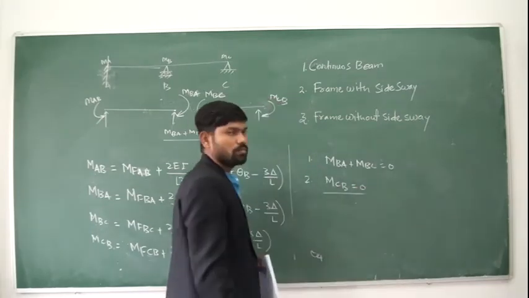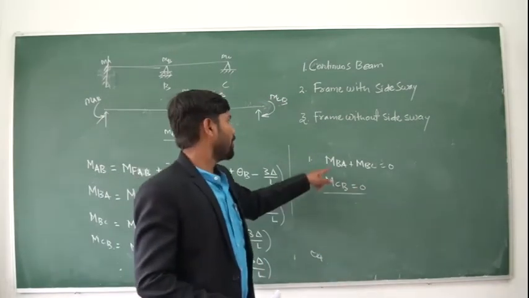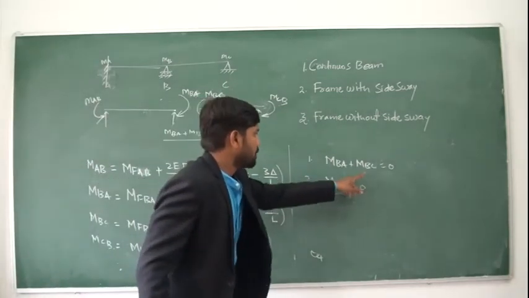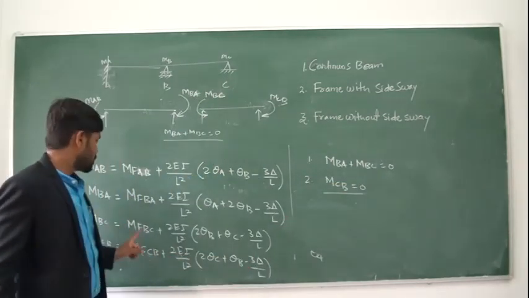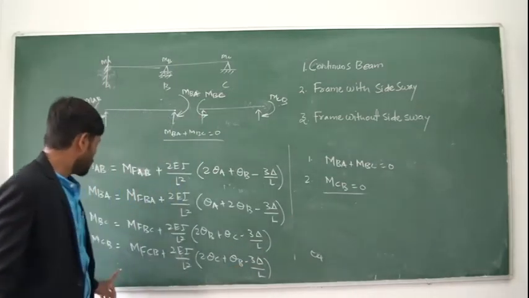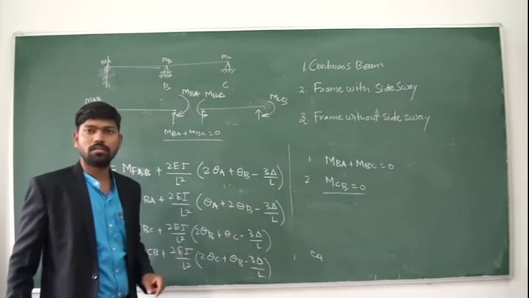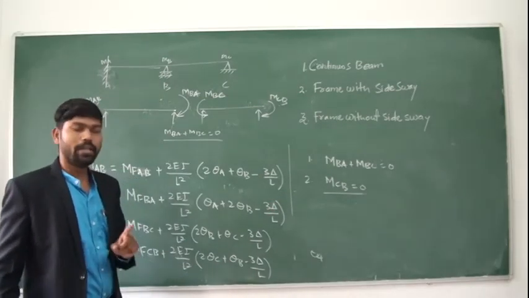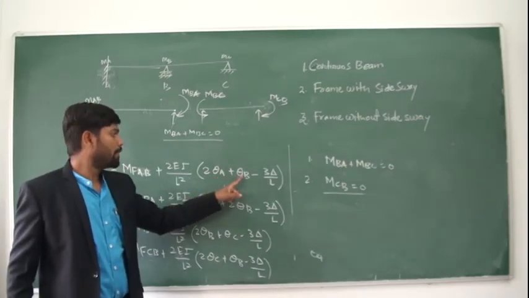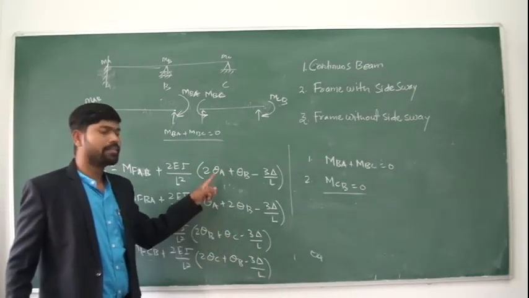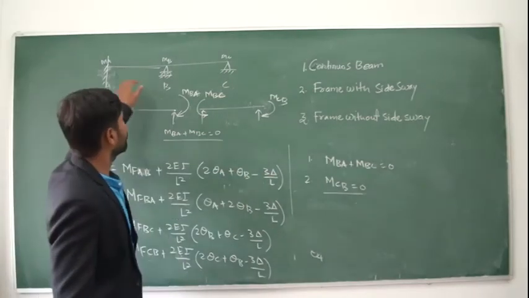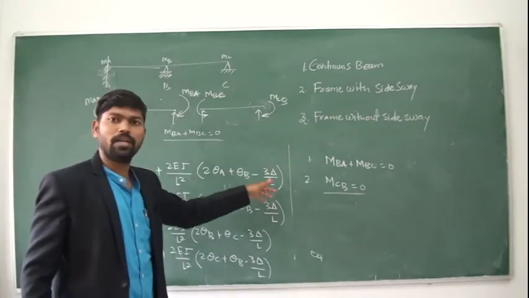Now if you put the entire equation of MBA and of MBC in the place of the joint equilibrium equation, and put the entire equation of MCB equal to 0, you will get the unknown values of theta B and theta C. Already theta A is known to us. What about the settlement? I have given no settlement here, so the delta value will be 0.